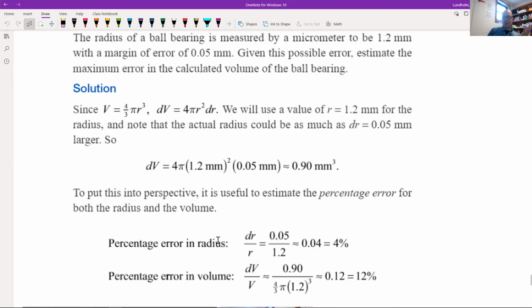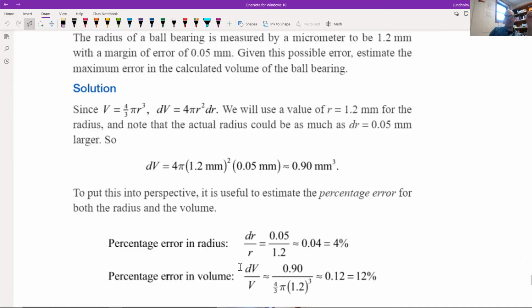In order to find the percent error, you just take the actual error and divide it by the length of what you're trying to measure. So here we're finding the error in the radius, and that's about a 4% error.